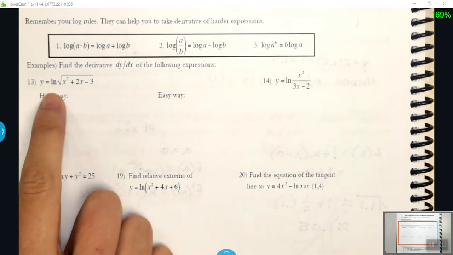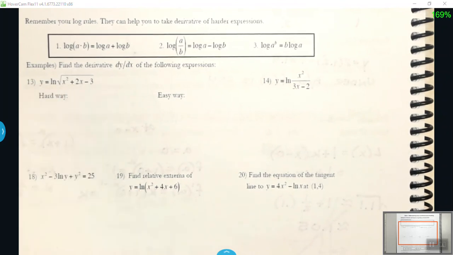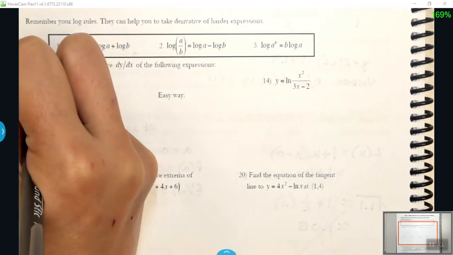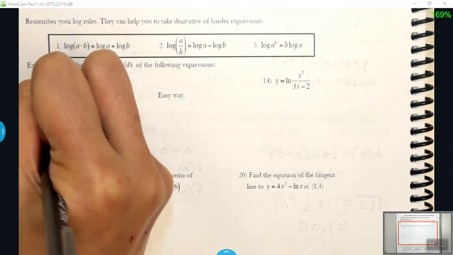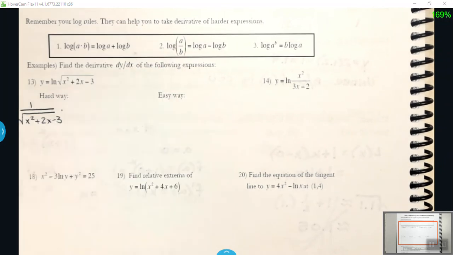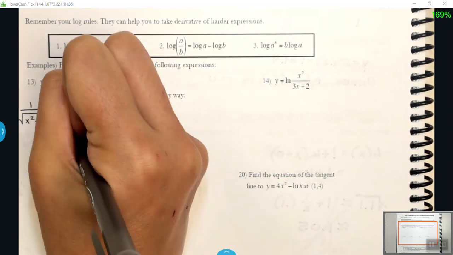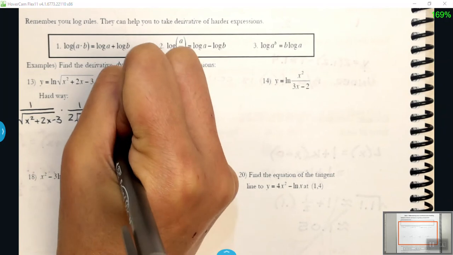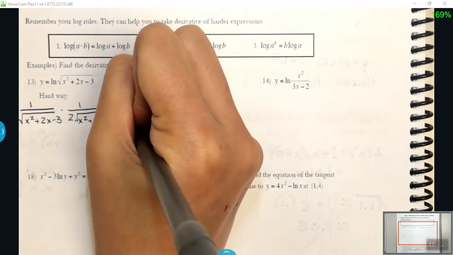Well, okay, if you took the derivative of this, it would be 1 over square root of this, times the derivative of the inside, which is 1 over 2 square root of this, times the derivative of the very inside, which is 2x plus 2.